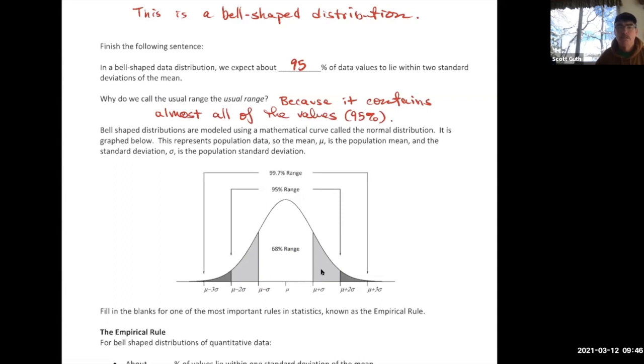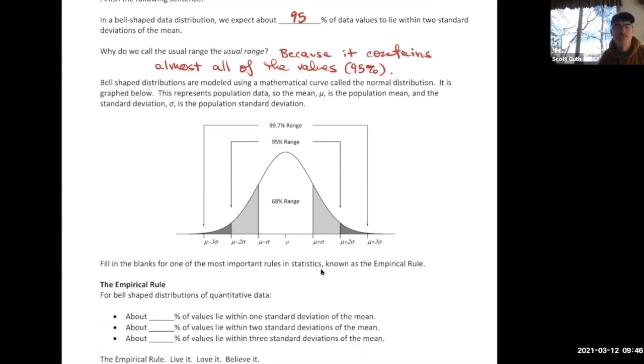And the graph here is just this sort of beautiful, theoretical bell-shaped distribution. And just to remind you, this Greek letter mu is the population mean, and sigma is the population standard deviation.